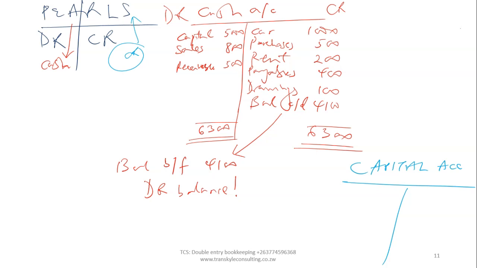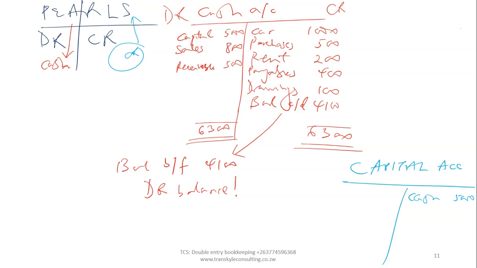So this capital was in the form of cash, not share capital, but cash. Cash was injected in the business by the owner, so thus we are having it on the credit side of that account.